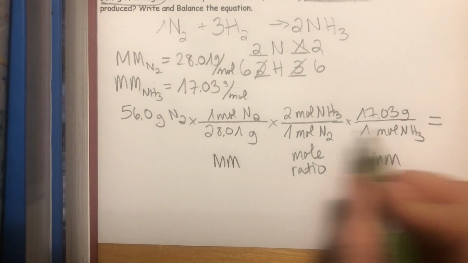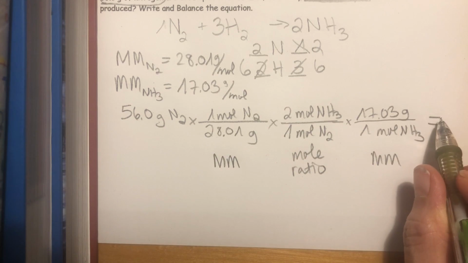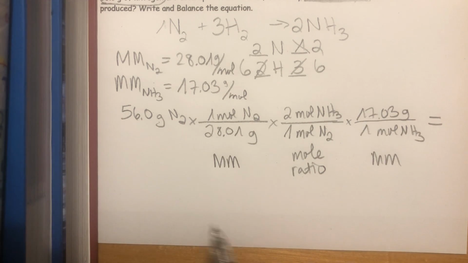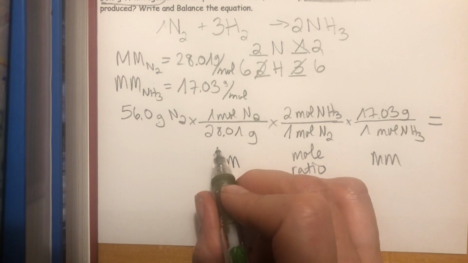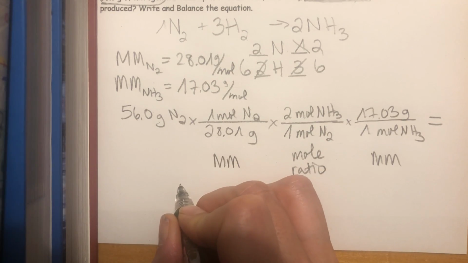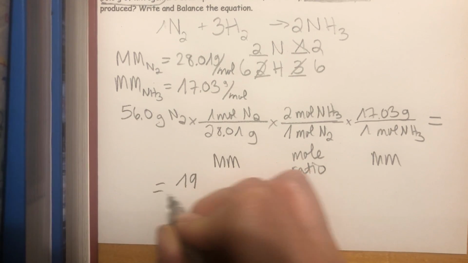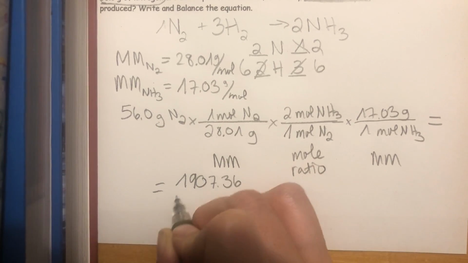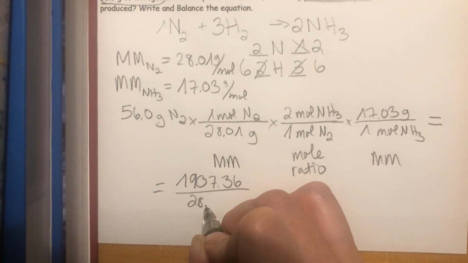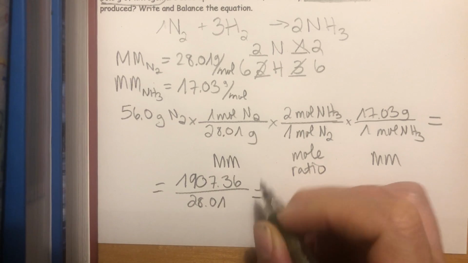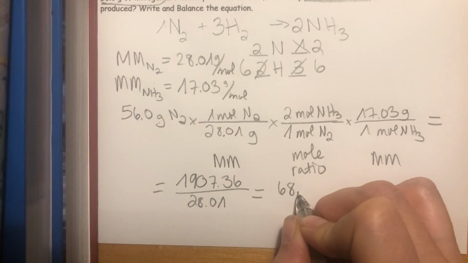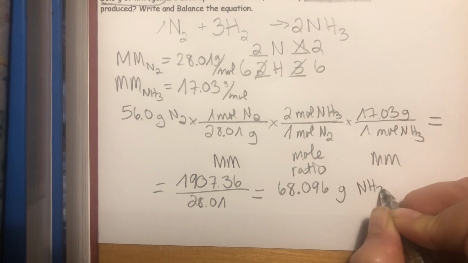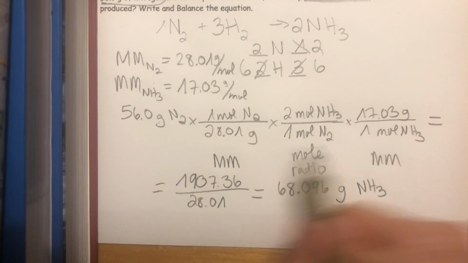So if I put this all in the calculator, 56 times 1 times 2 times 17.03 divided by 28.01, to start out with, I would end up with 1907.36 divided by 28.01, which in total would then equal 68.096 grams.